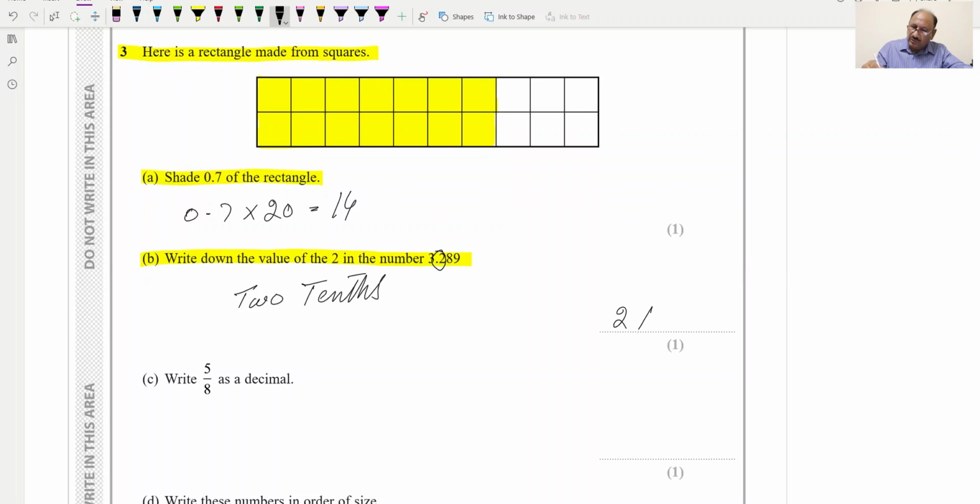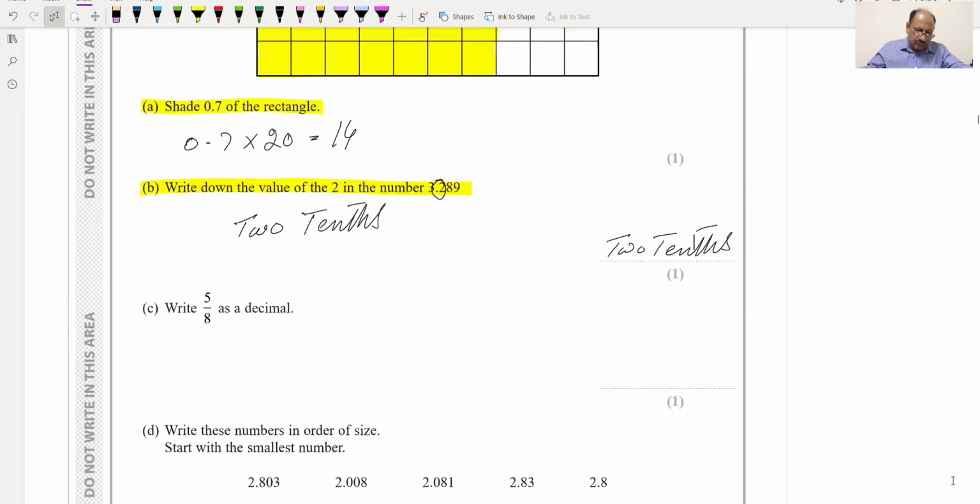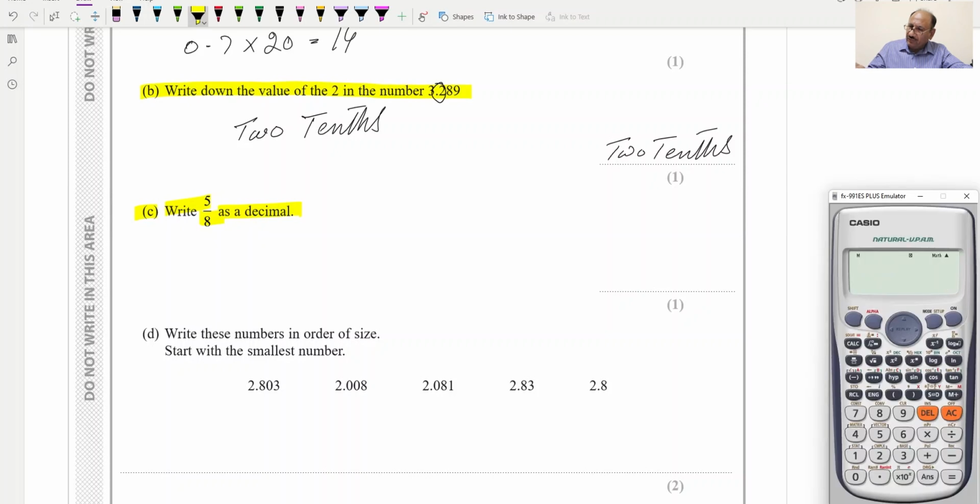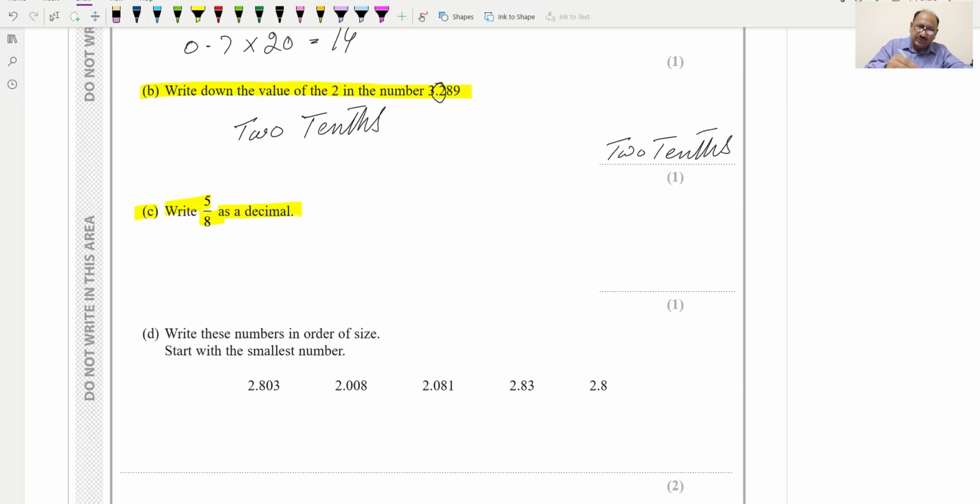Next, part C: write 5 by 8 as a decimal. So we write 5 over 8, press equals, and then the decimal, 0.625. This is also a 1 mark question which we are done.